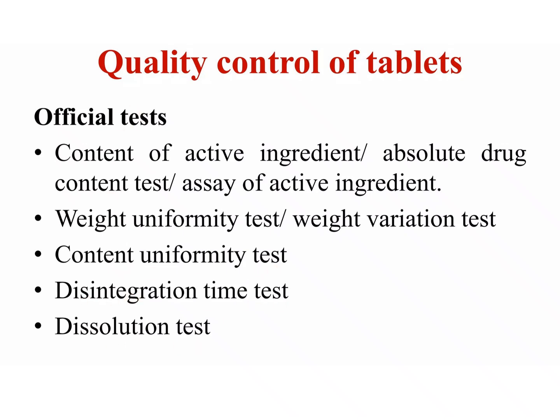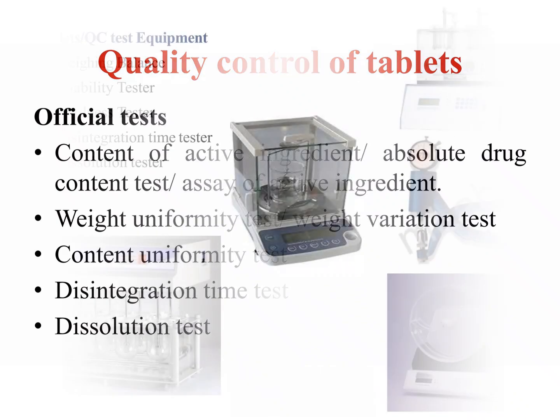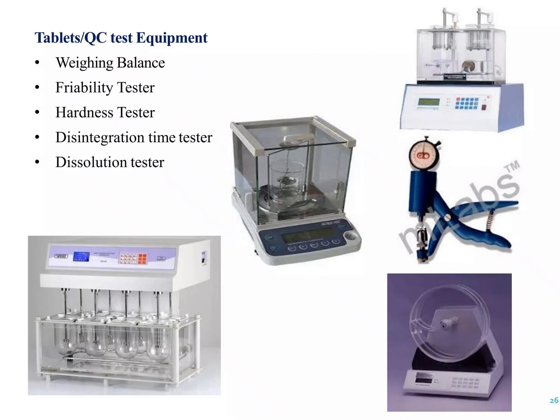So these are the official tests for QC of tablet. We can see this is the weighing balance, this is the hardness tester, this machine is used for disintegration time checking. This is the friability tester. This is the dissolution tester.